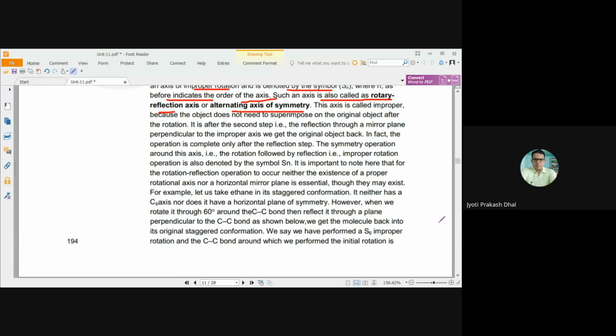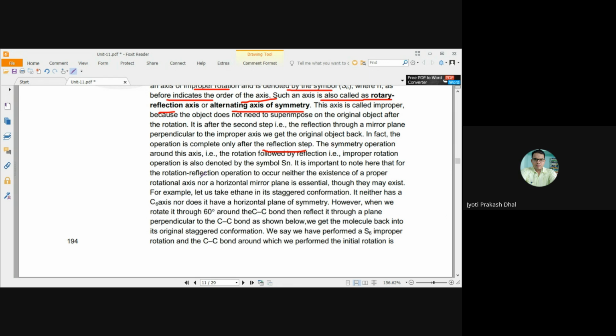The first step is rotation, and then reflection through a mirror plane perpendicular to the improper axis, so that we get the original object back. In fact, the operation is complete only after the reflection step.